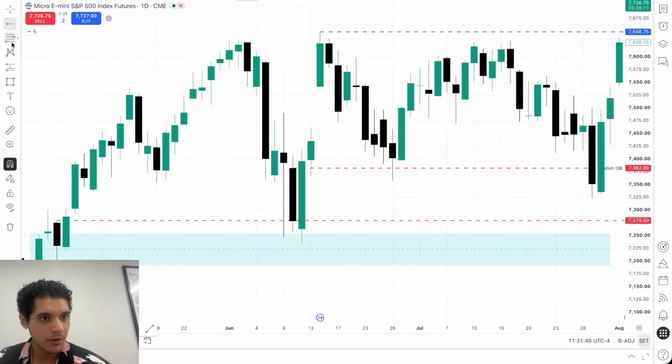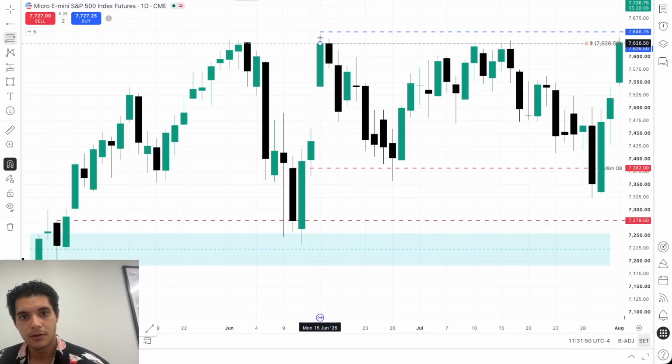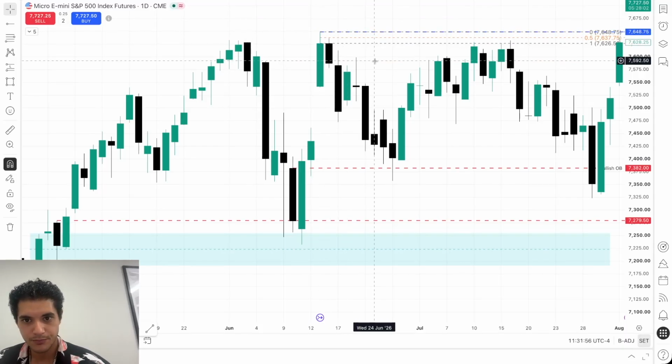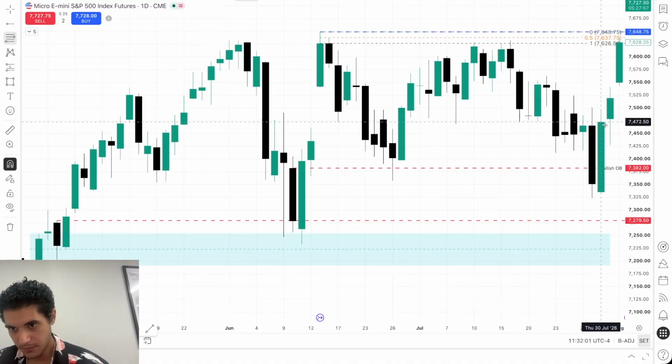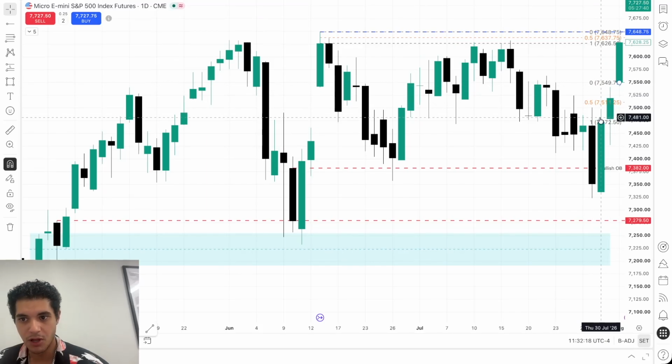I will grade that just as a reference point. But right here, this extreme bullish price action creates a suspension block.